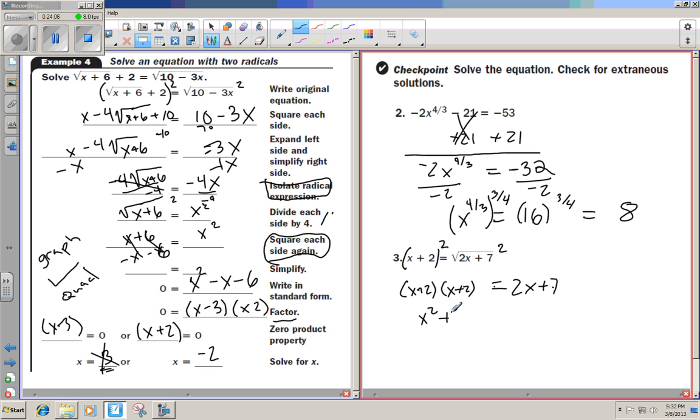Another plus 2x gives you a 4x. So I end up with this. We're isolating, so minus 2x from both sides, minus 7. These cancel, this cancels, becomes 0. You get x squared minus 2x minus 3.